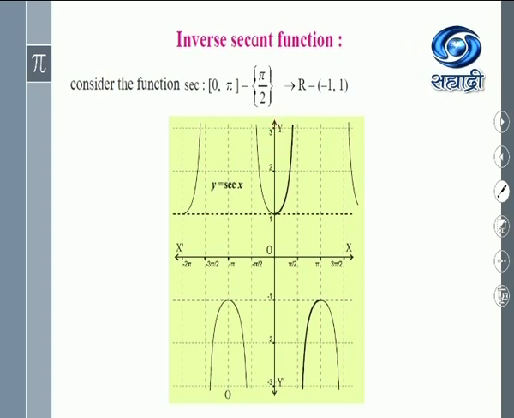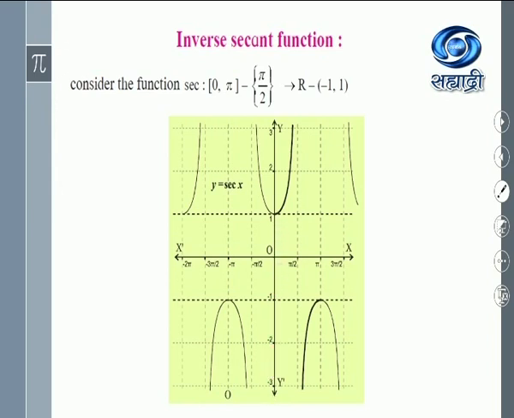And what about the range? It is R minus the open interval minus 1 to 1. This is the number line having all the reals. From that we exclude the open interval minus 1 to 1. Why? Because this part of the graph is in different intervals. The branches start taking the values from 1 towards the positive y-axis and from minus 1 towards the negative y-axis.